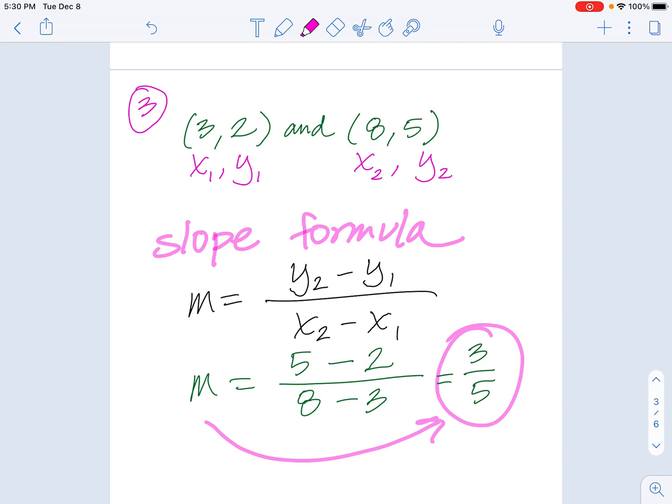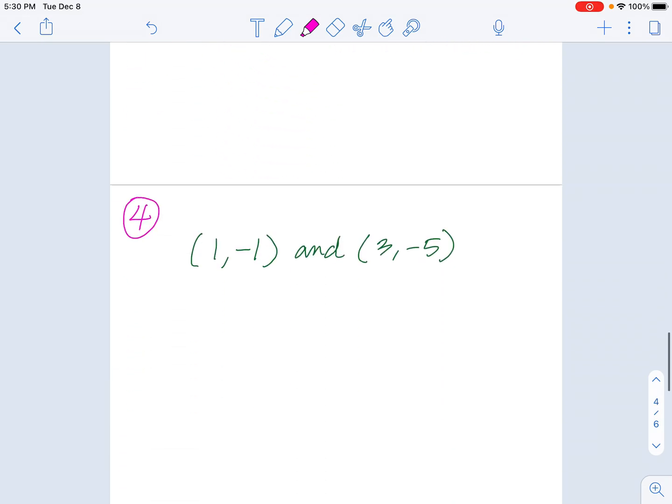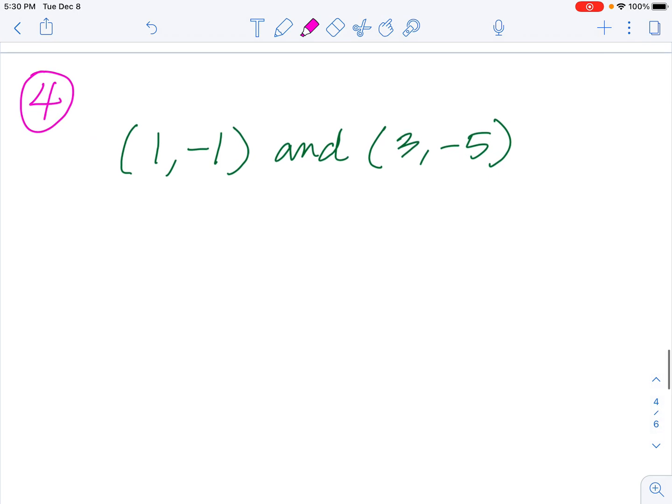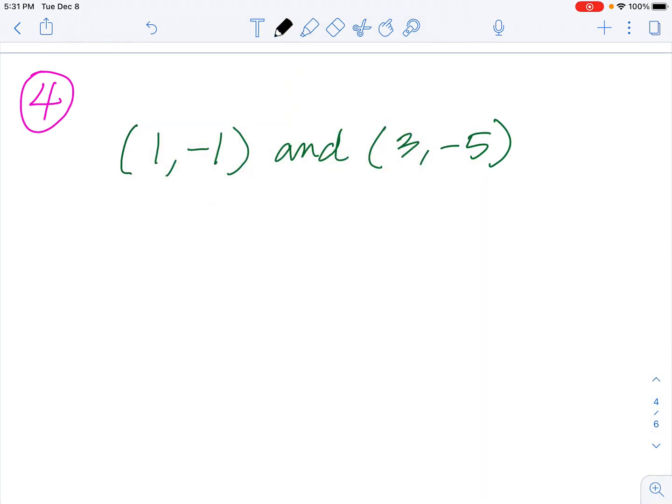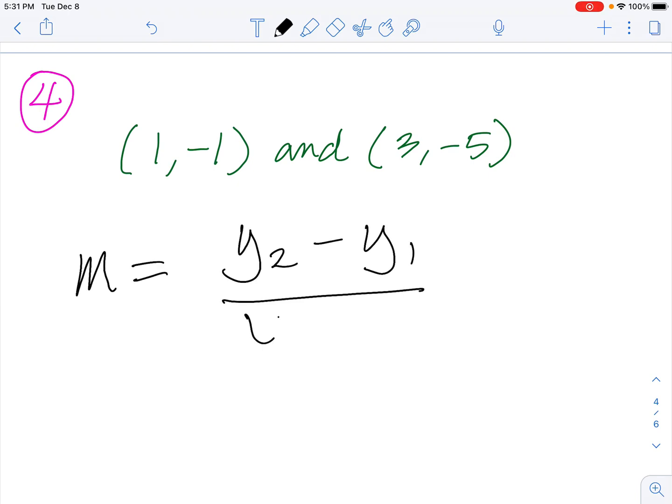Let's look at another example of the slope formula in action. Let's take a look at these 2 points. I'm going to go ahead and rewrite the slope formula for you guys one more time. Remember, slope is equal to y2 minus y1 over x2 minus x1. And then we'll designate our points. This one is x1, this one is y1, this is x2, and that's y2.